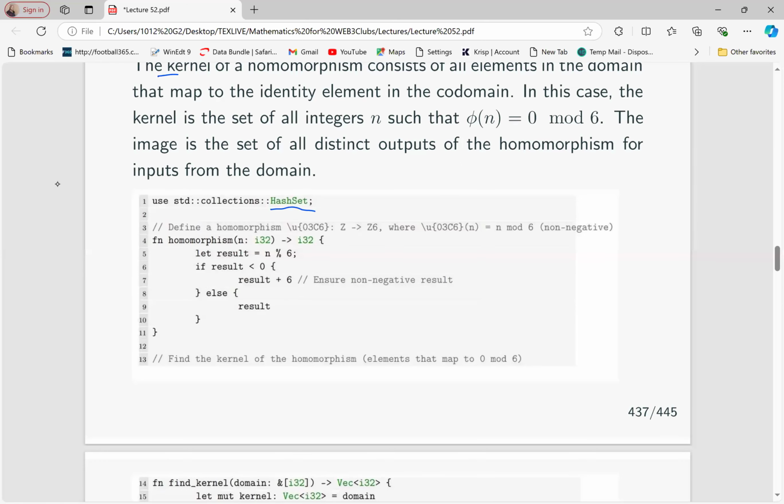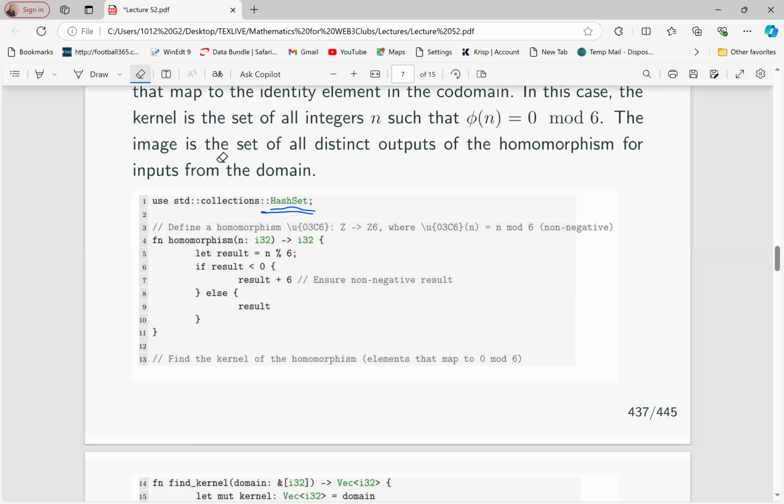In so doing, you avoid repeating. That is why we use a hash set, just to ensure that there's no repetition.